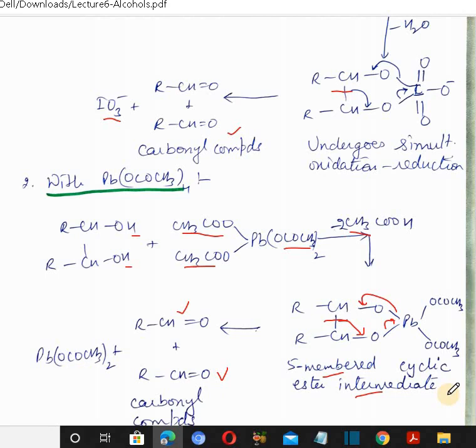So the mechanisms with periodic acid and with lead tetraacetate are important.